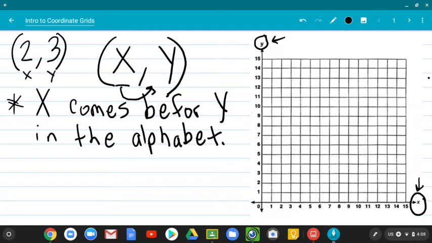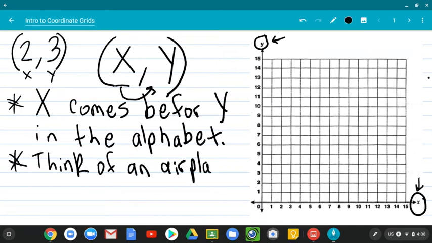The second thing we're going to take notes on is you're going to think of an airplane. Maybe your coordinate grid does not have labels. So this one has the X and the Y label, but what if it doesn't? We're going to think of an airplane. An airplane, when it's going up into the air, it goes across and then it goes up.